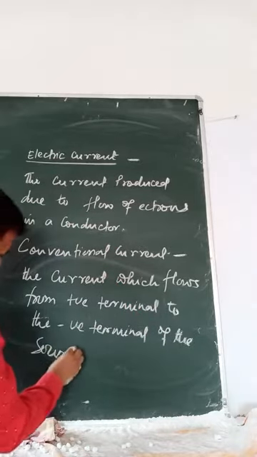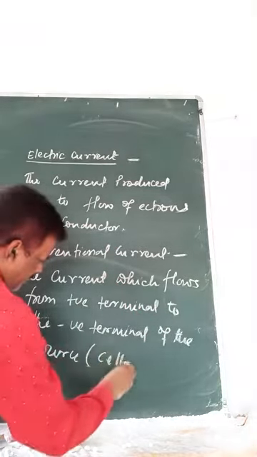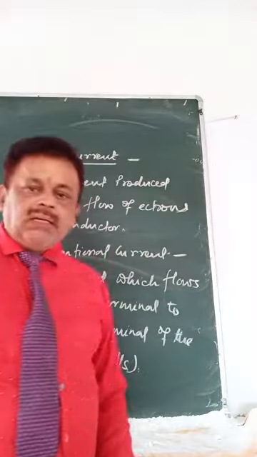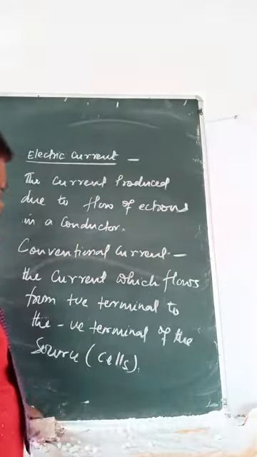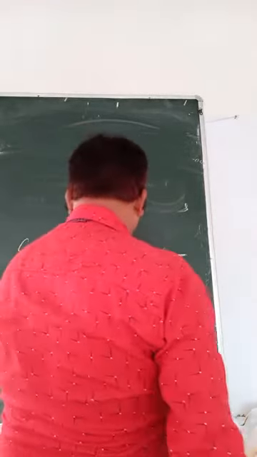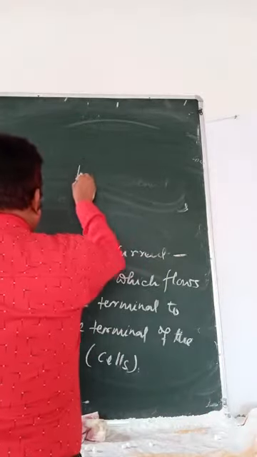Here the sources are taken as cells, which you call a battery. This will be clear to you if I take a diagram here. Suppose there is a piece of conductor.